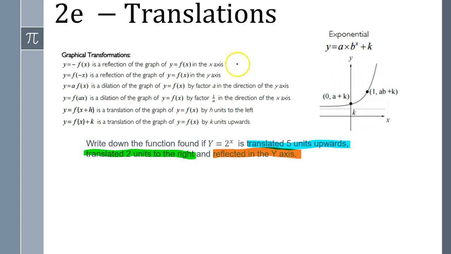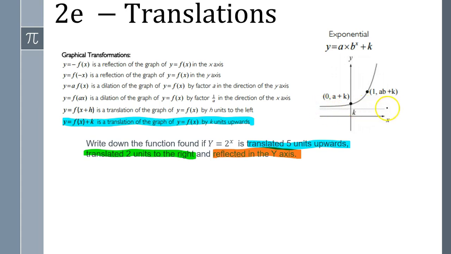Okay, so I'm going to go through this list and I'm going to see what that kind of looks like. That's reflecting, dilating, going left, going up. Okay, so this one here is moving upwards. So that changes k. Now, in our cubics unit, k was part of the point of inflection.